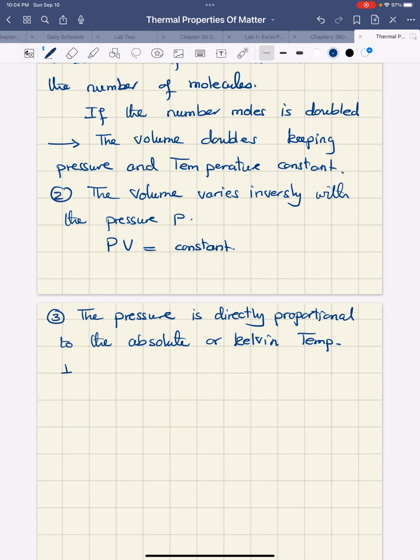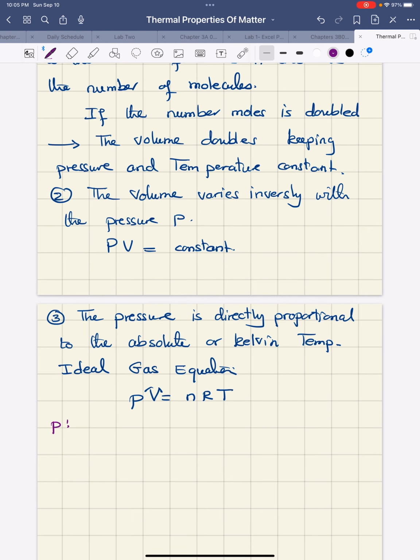Having all these conclusions together, the equation of state, or the ideal gas equation, is written as PV equals nRT. What are these variables? First, P is pressure, and the ideal units are when I have pressure in pascals.